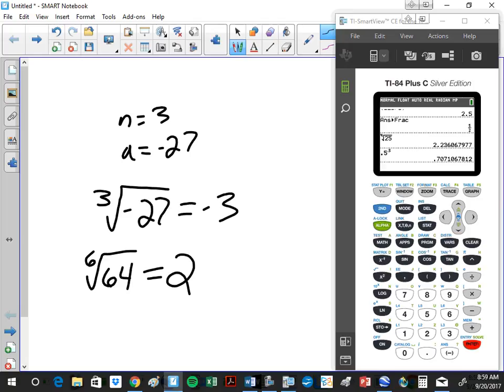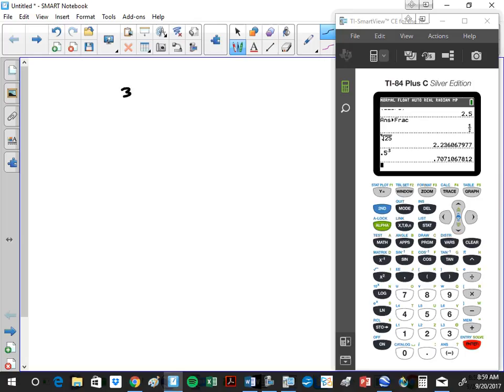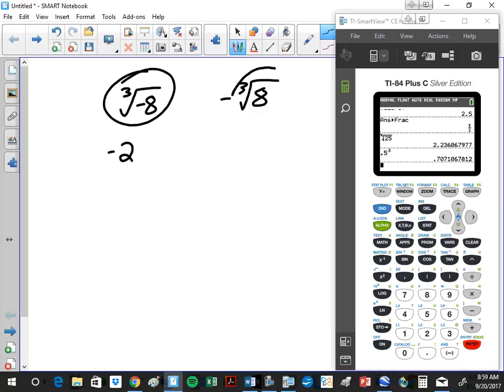So the difference between the third root of negative 8 and the opposite of the third root. Okay. 16 to the 1/4.